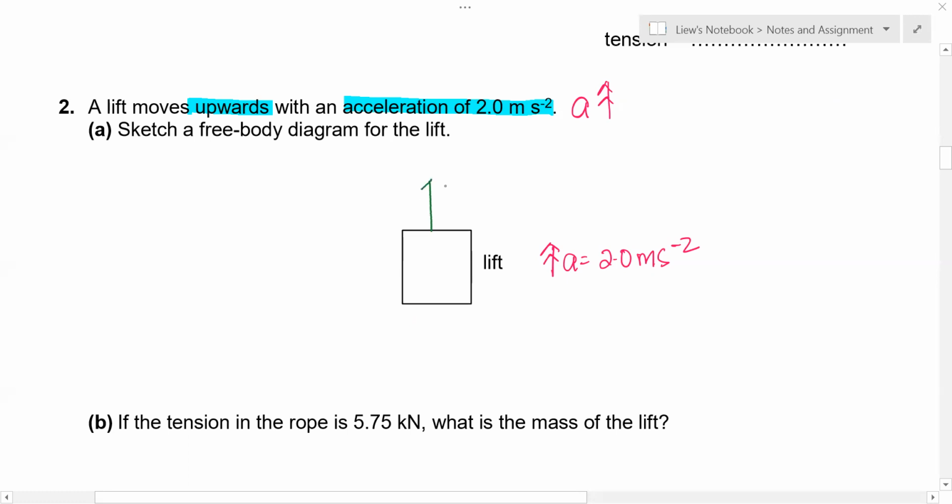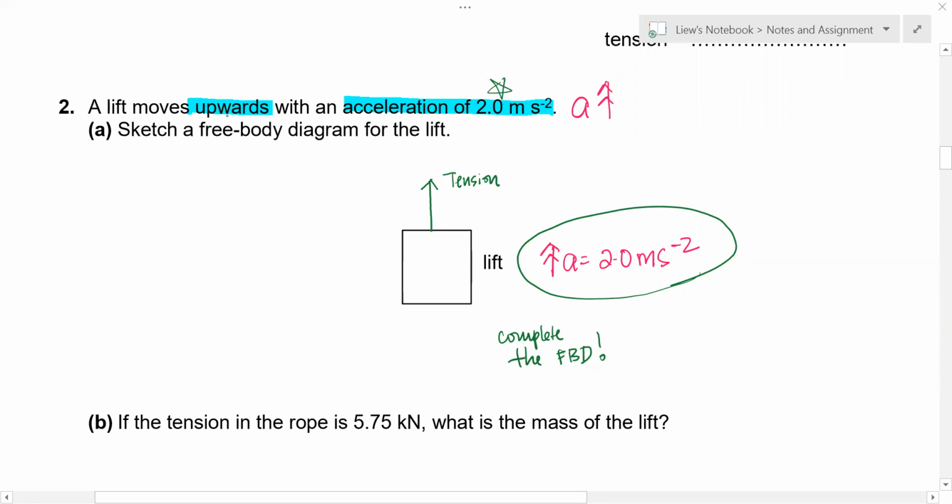So over here, I'm just going to show you one of the forces. I will draw a tension that is pointing in the upward direction, and please complete the diagram yourself. When you are drawing the tension and the weight of the lift, remember that in part A, the question already tells you that the lift is accelerating upwards.